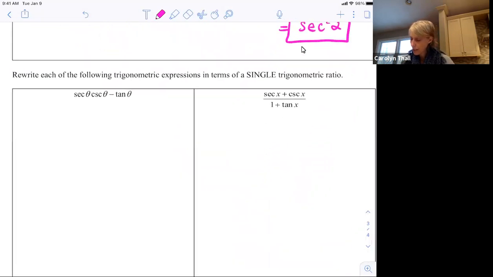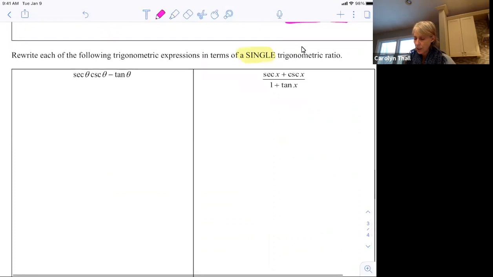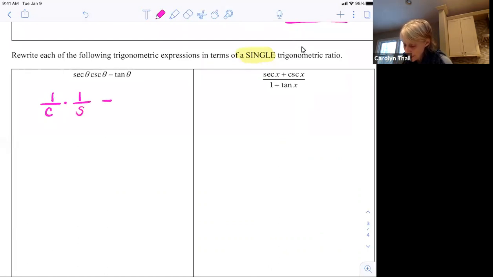Rewrite each of the following as a single, again, still working on the same kind of concept here. Secant theta times cosecant theta minus tan theta. 1 over cosine times 1 over sine minus sine over cosine.